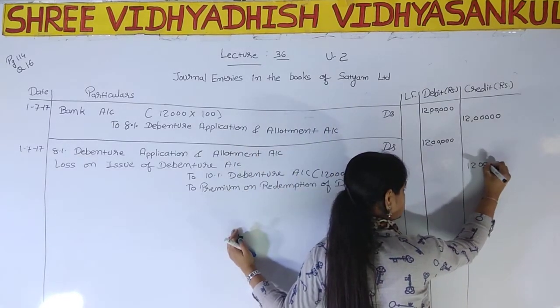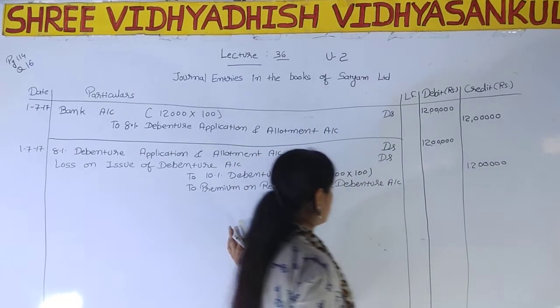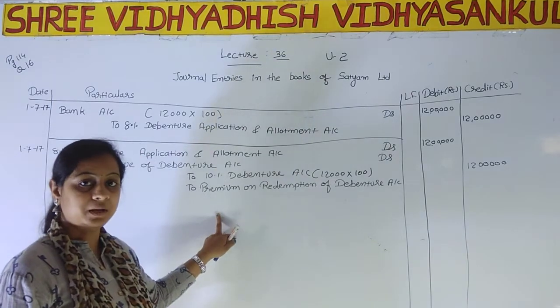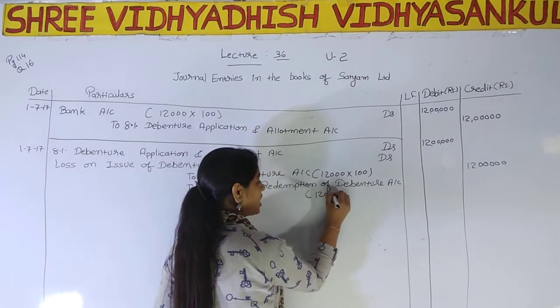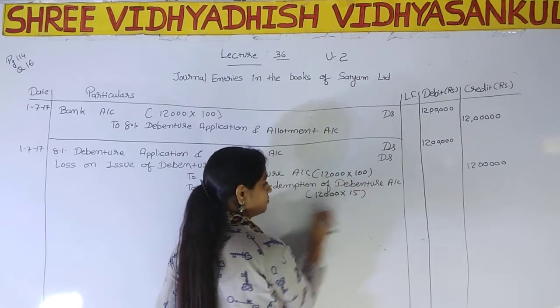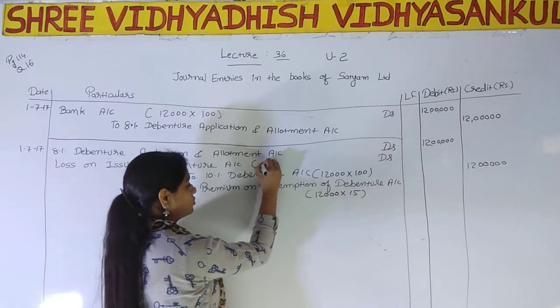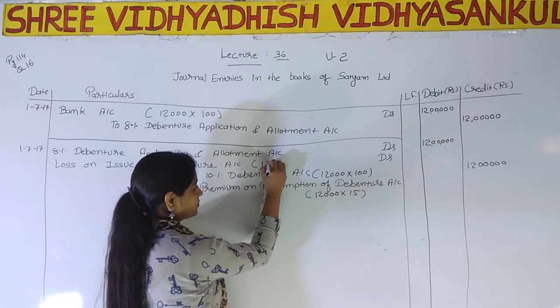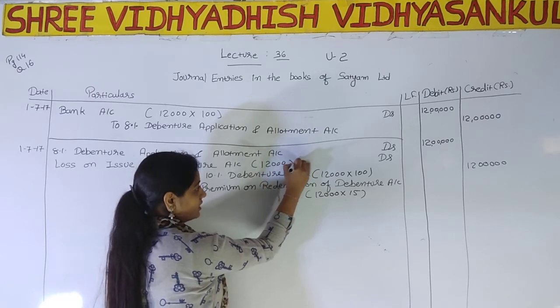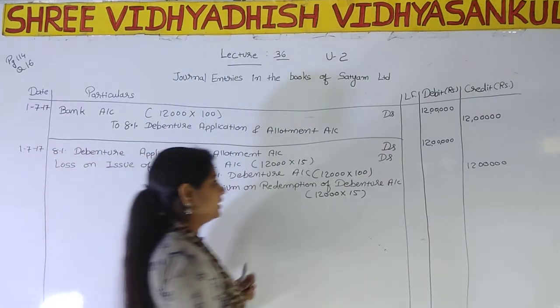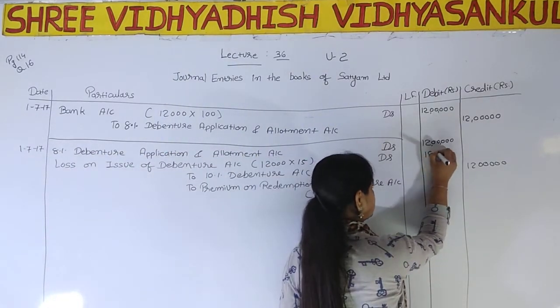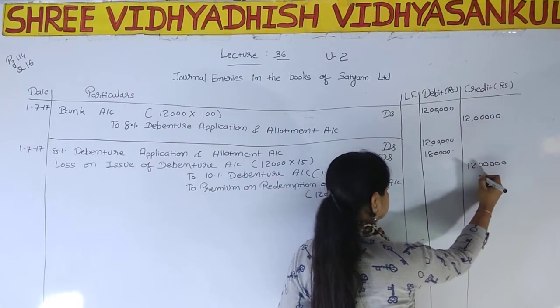So here we have to credit 12 lakh. And this loss is connected with premium on redemption. The amount for premium on redemption is 12,000 into 15 rupees. That means that amount we have to suffer as loss. 12,000 into 15, right? So the amount will be 1,80,000 on both the side.